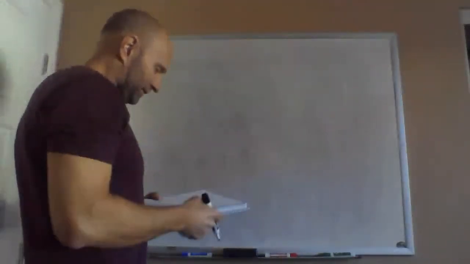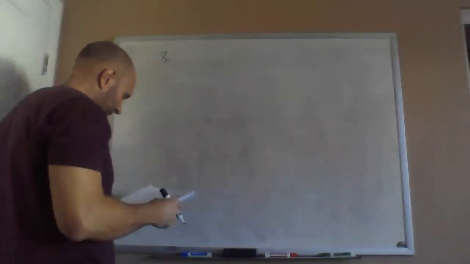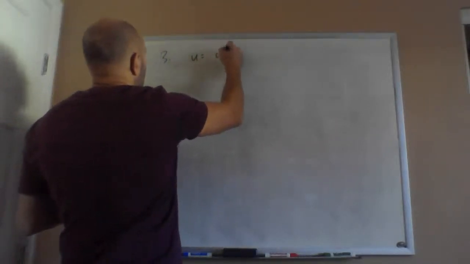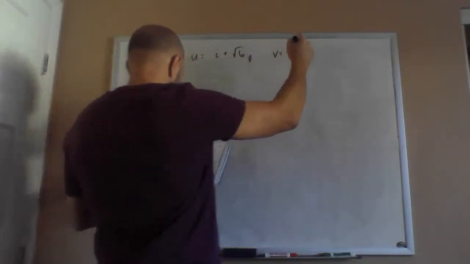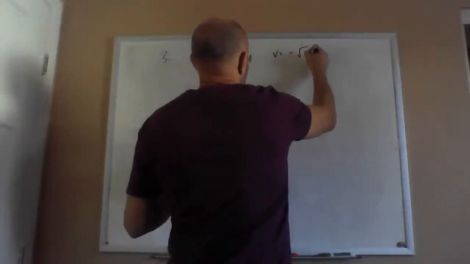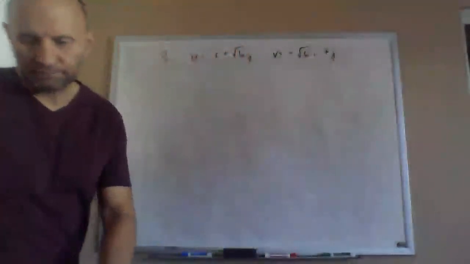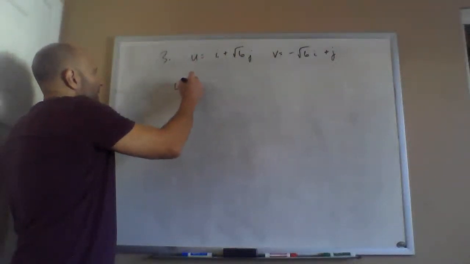I should have given you guys that the other day. I was too worried about the i's and j's with the little buttons. But we have what? u is equal to i plus root 6 j, and v is equal to negative root 6 i plus j. So first it asks for the dot product.